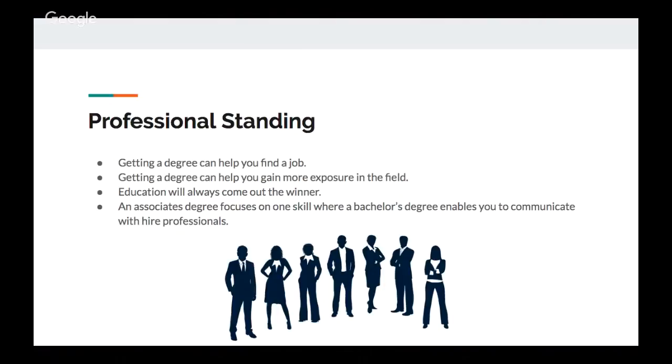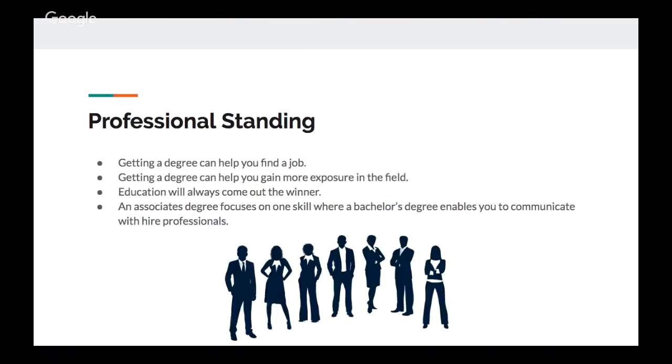Instead of developing an education base that spans many subjects, an associate degree will typically focus its concentration on developing one certain skill.